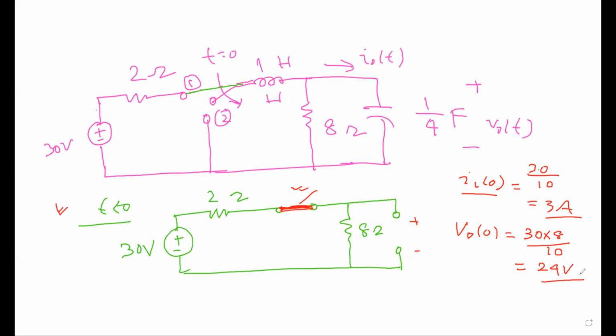So your initial values are with you. But the initial value of this current, I0(0), would be equal to 0 because this current is going through a capacitor and it is open circuit. Next thing is, let us draw our circuit for time t greater than 0. At time t equal to 0, your switch was closed.